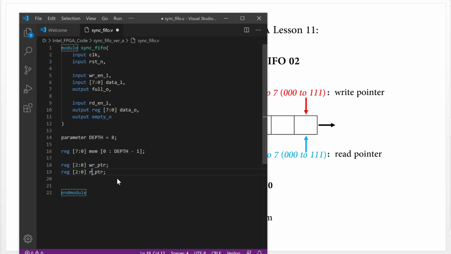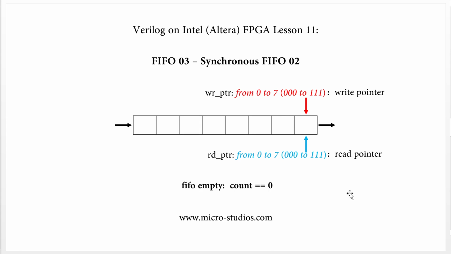We define the read pointer as from 2 to 0, 3 bit. Okay.